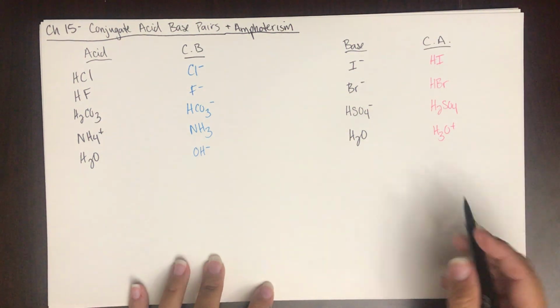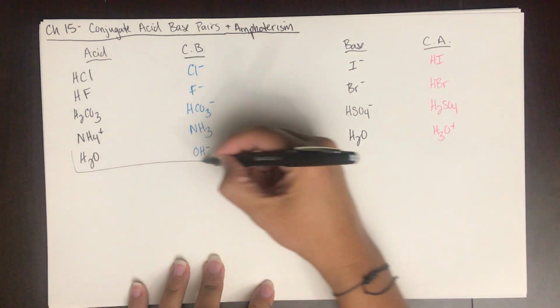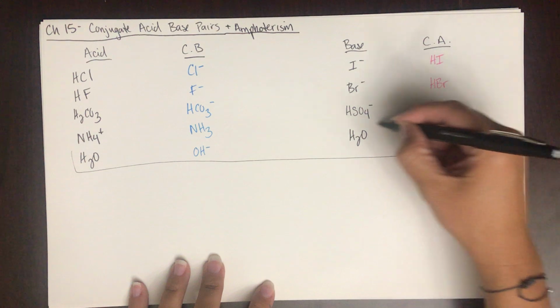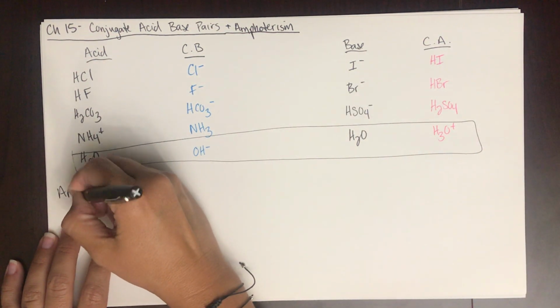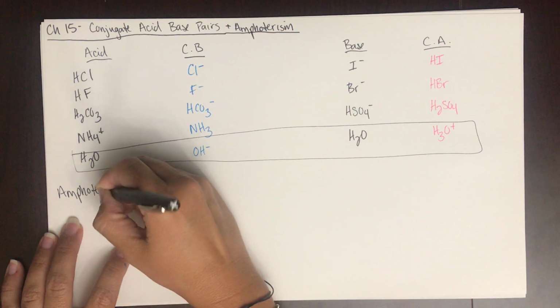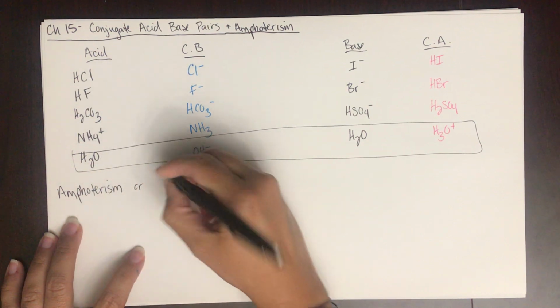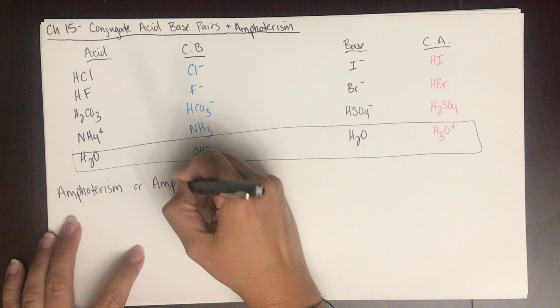Amphoterism is when you have a substance that can act like both an acid and a base. This is also called amphiprotic.